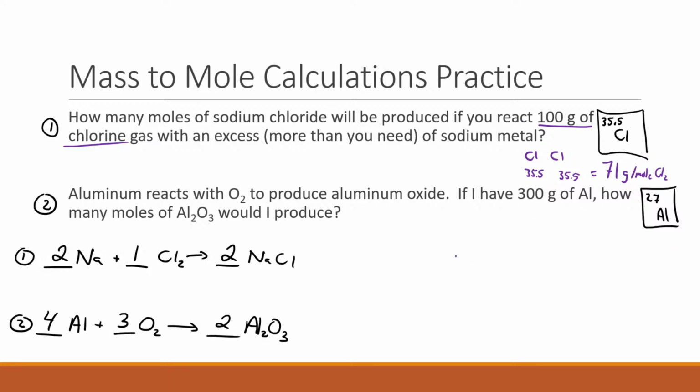That means 100 grams is 1.4 moles of chlorine gas. Which means when I go to solve out how much salt I can make, my ratio, 1 to 1.4, becomes 2 to 2.8 moles of salt.